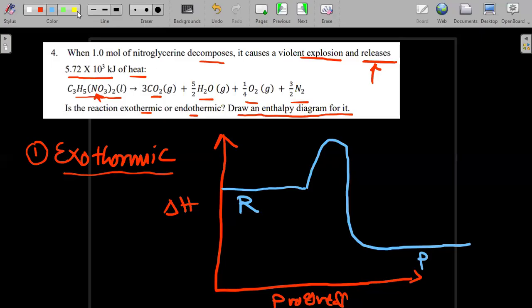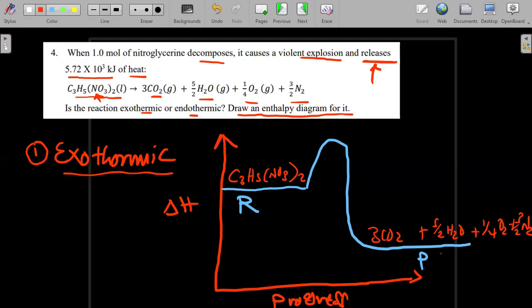On the reactants, we have C3H5(NO3)3. This is the reactant, and then it decomposes to form carbon dioxide plus 5/2 water, plus 1/4 oxygen, then plus 3/2 nitrogen.